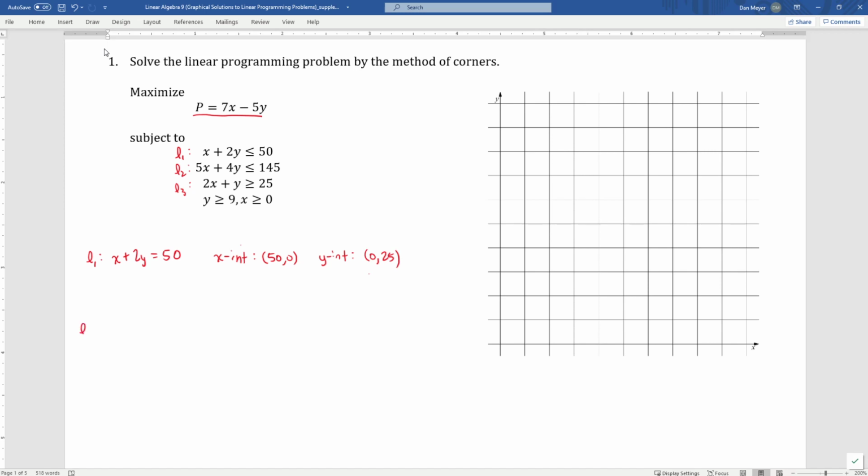The second line would be 5x plus 4y is equal to 145. The x-intercept is reasonably nice-ish. If I set y equal to 0, 5x would be 145. And 145 divided by 5 is 29. So the x-intercept here would be (29, 0).